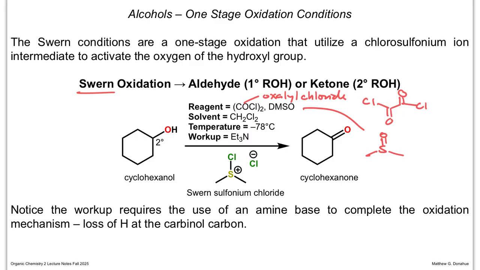Oxalyl chloride and DMSO will react with one another to give you this thing. This is called a sulfonium chloride. That's the actual oxidizing agent. So you run this reaction, you let it stir for a certain amount of time, and then at the end we add a base, triethylamine. That's what initiates the elimination to happen in the mechanism.